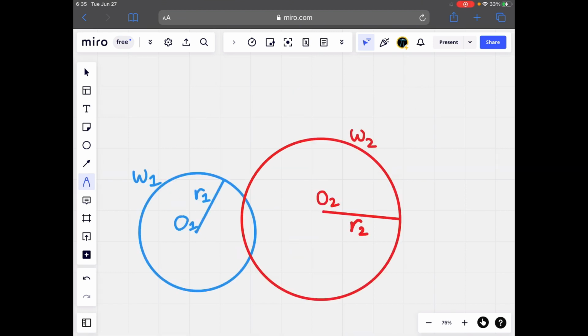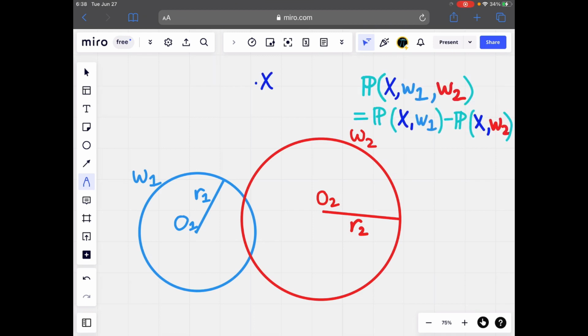We could also have two circles, W1 and W2, and we're going to define a new function, the power of X with respect to both circle W1 and circle W2. It's defined as the power of X with respect to W1 minus the power with respect to W2.